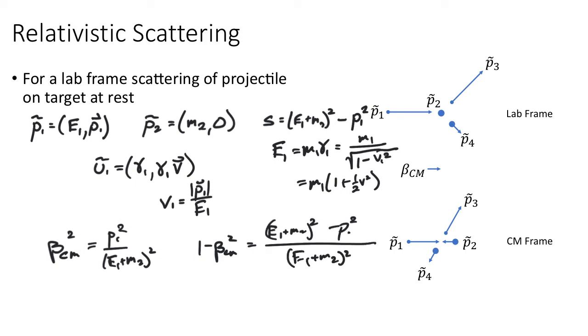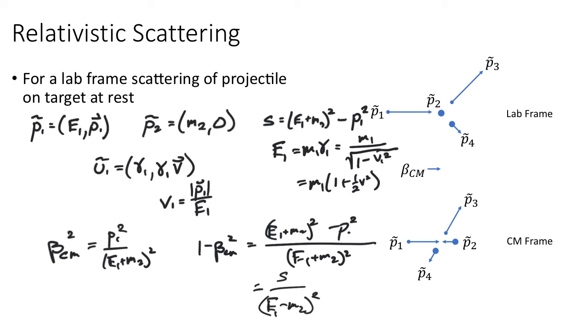But comparing the numerator here now with what we defined as S, we see that's identical. And so this is just S over E1 plus M2 squared.